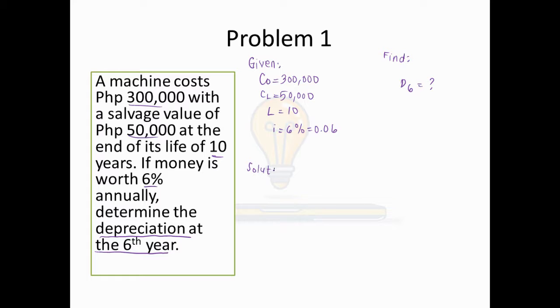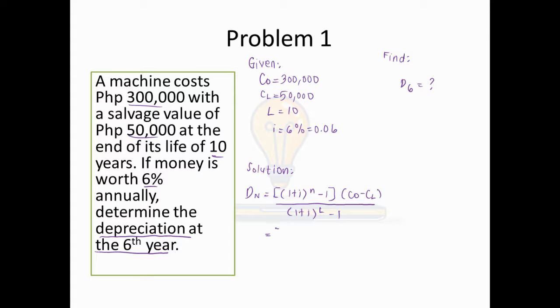So for the solution, we'll be using the formula D sub 6, or D sub N, is equal to 1 plus I raised to N minus 1 multiplied by C sub 0 minus C sub L all over 1 plus I raised to L minus 1.